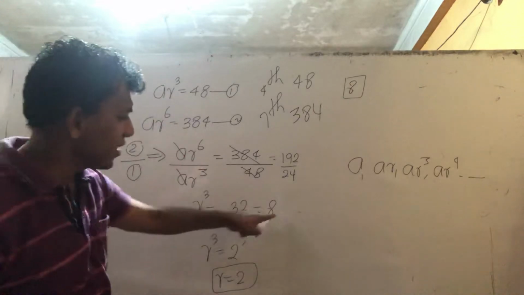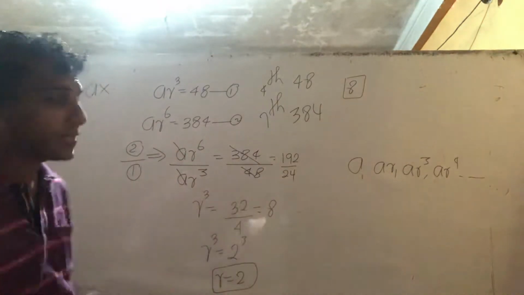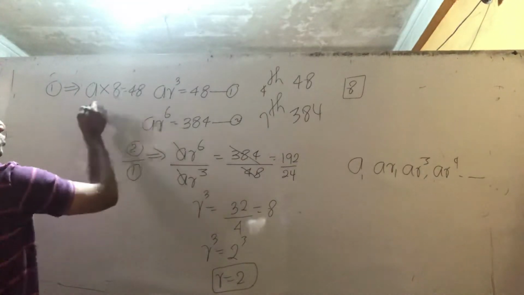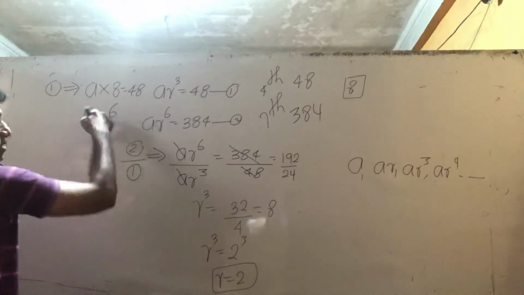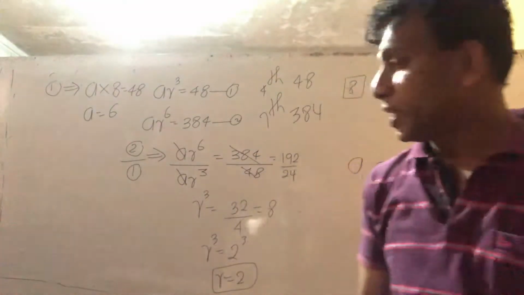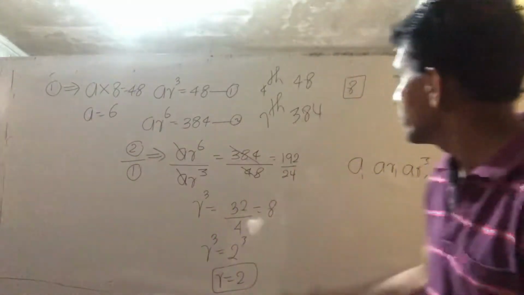I can say straight r cube is 8. Don't need to put r for 2. So a is 48 divided by 8. First term is 6. It's the way how to build up the pair of equations and solve by hand, right?